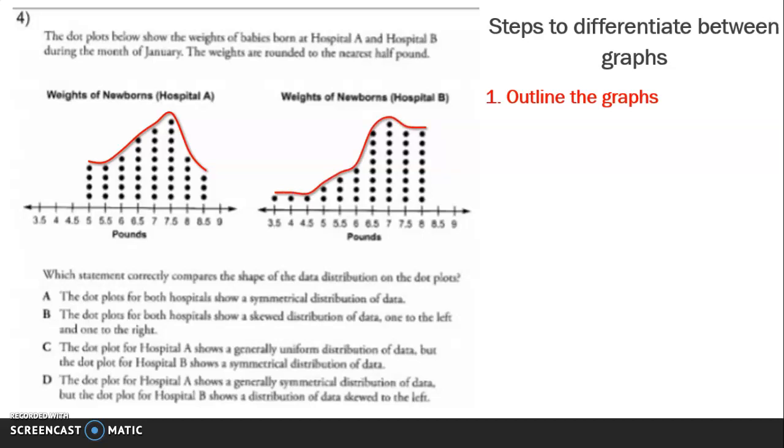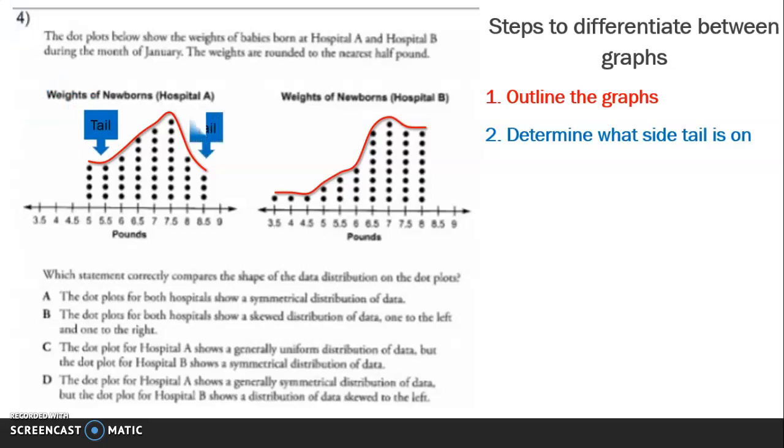Your next step after you do so is you need to determine what side has a tail, if it has one, and is it only on one side, right? So remember that the definition for a tail is essentially the side of the graph where the data set has the lowest, has like a dip, okay? So for example, on A, we'll notice that we have a tail on the left.